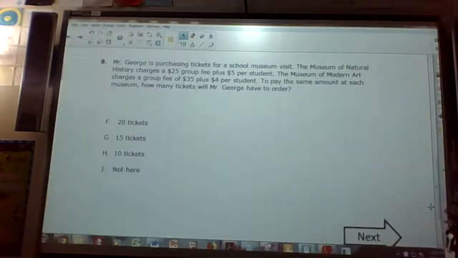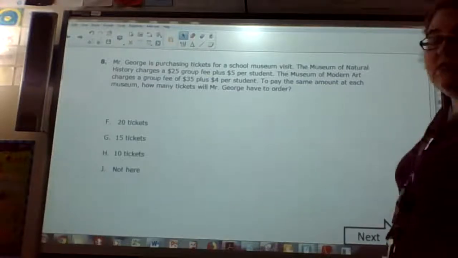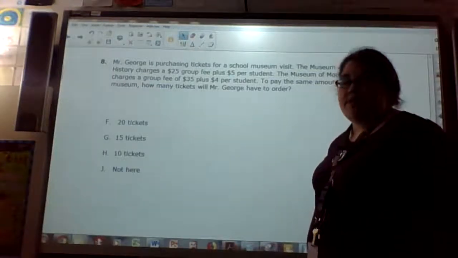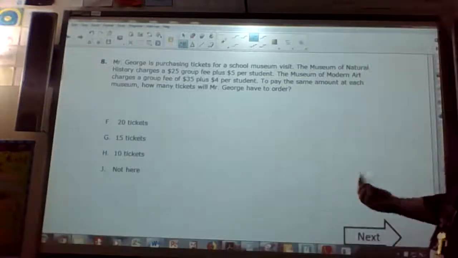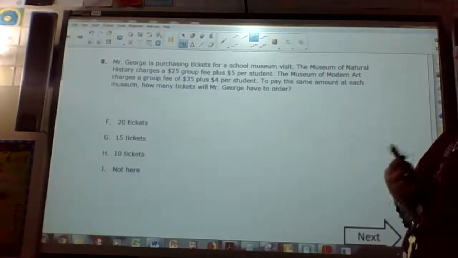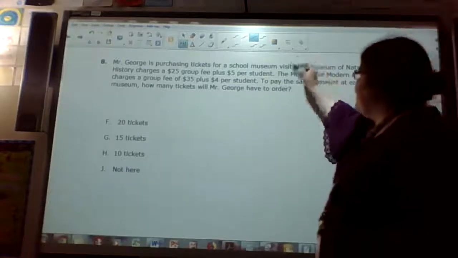To pay the same amount at each museum, how many tickets will Mr. George have to order? Okay, that's a lot of words. So I'm going to go back and read it one sentence at a time. Mr. George is purchasing tickets for a school museum visit. Okay, I'm talking about tickets. Purchasing. So I don't need anything there.